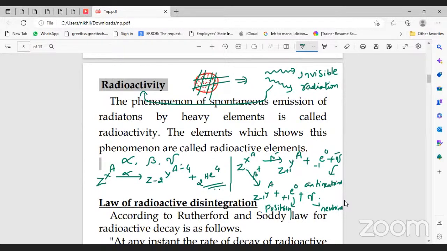And please remember, this positron is just the antiparticle of the electron. Antiparticle of electron means the characteristics will remain the same, only the charge nature is opposite. You know that the electron has a negative nature, so the positron will have a positive charge nature, but the characteristics will be the same. And please remember, this positron is not like a proton.